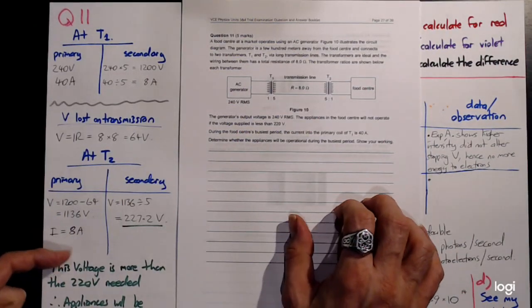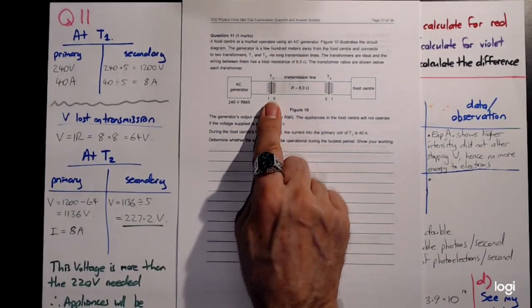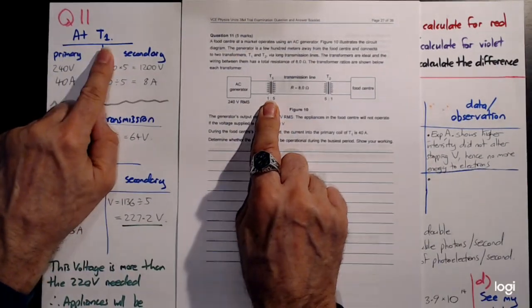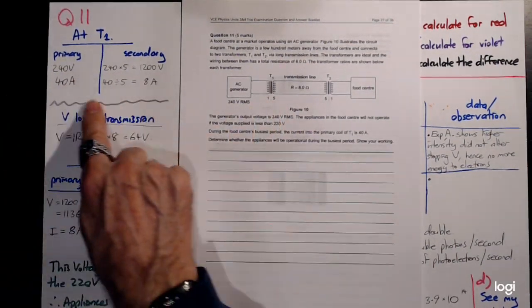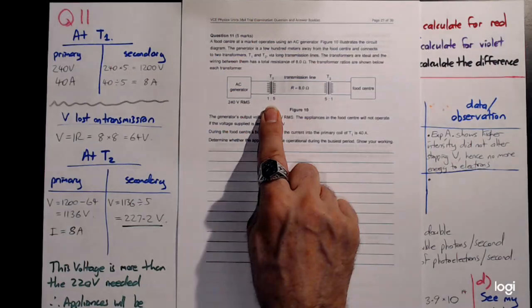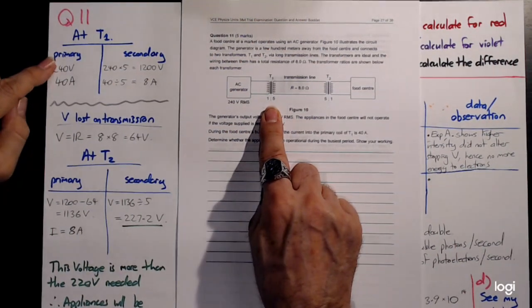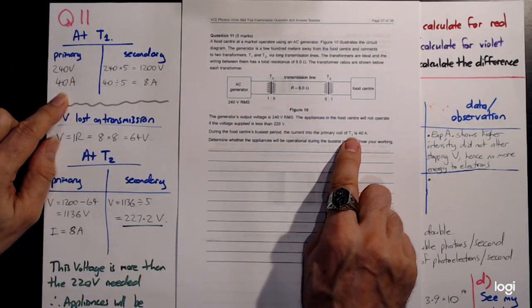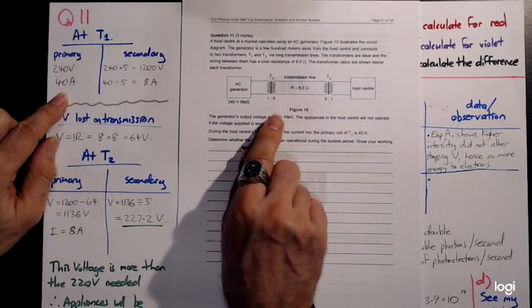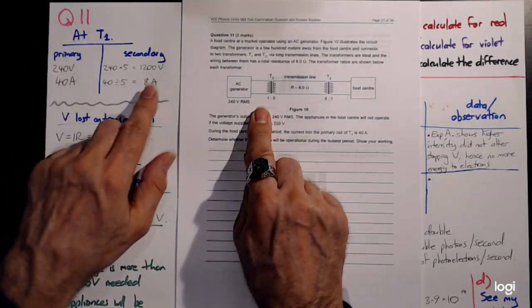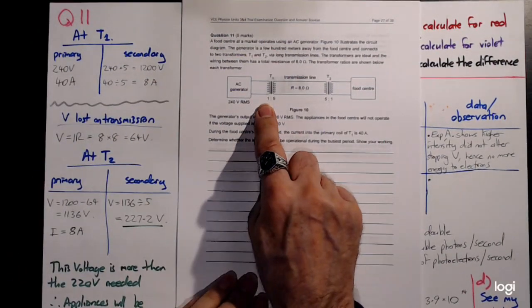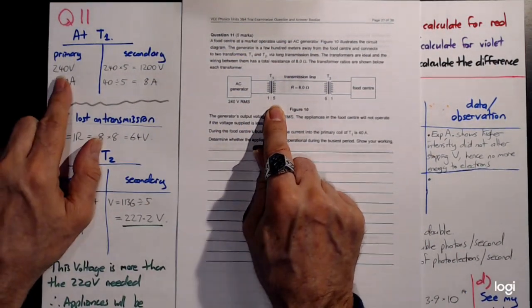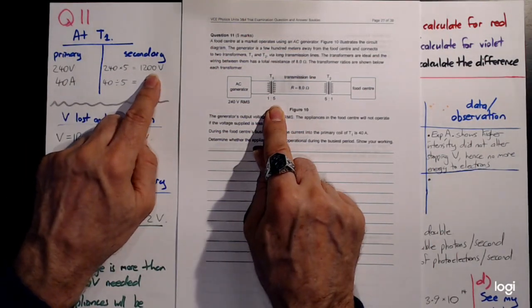Do it well. At T1, so the person who's reading this knows you're talking about this. On the primary side of T1, 240 volts and 40 amps. I told you that on the primary coil of T1, it's 40 amps. So on the secondary side, the voltage is going to be stepped up by a factor of 5, so 240 times 5 is 1200 volts.